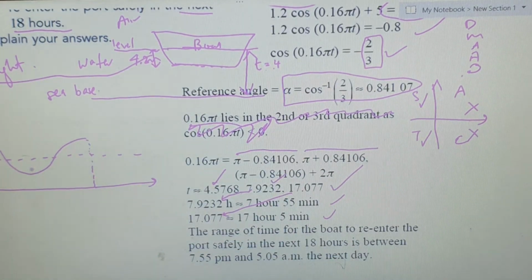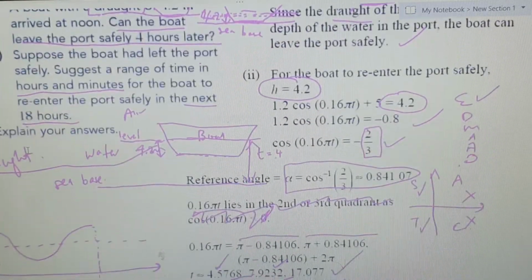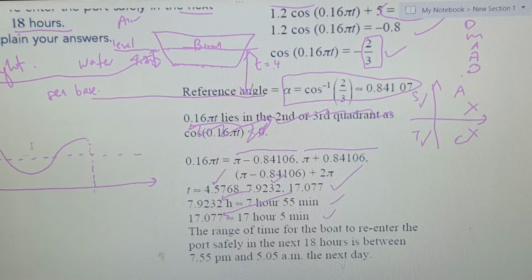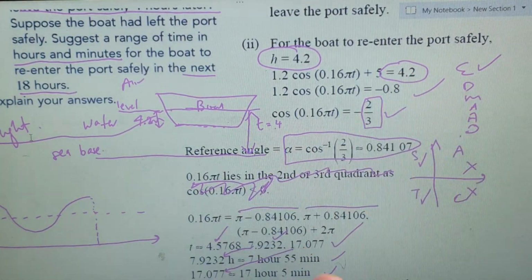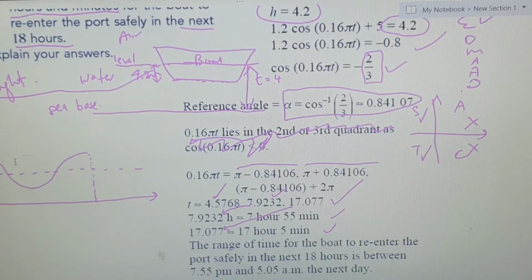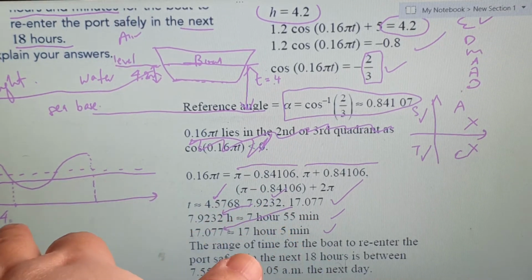Just now we already set it to 4.2. So where is 4.2? 4.2 would be somewhere here. Correct. So this value is your 4 point something, 4.57.